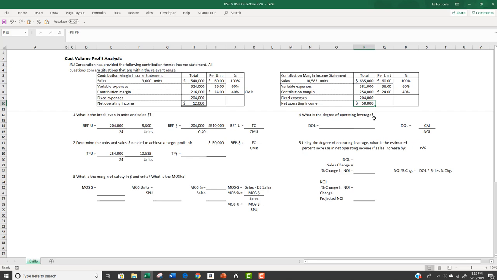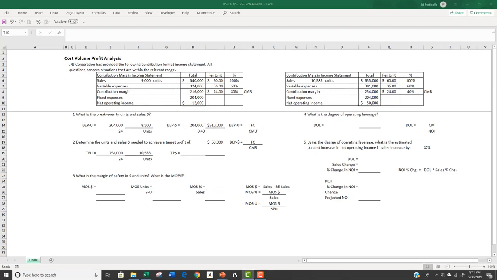Determine the sales dollars needed to reach a $50,000 profit level. We can multiply the 10,583 by the selling price of $60 per unit. Or we could divide the 254,000 by the contribution margin ratio. For J&J, $635,000 in sales are needed to reach the $50,000 target profit goal.